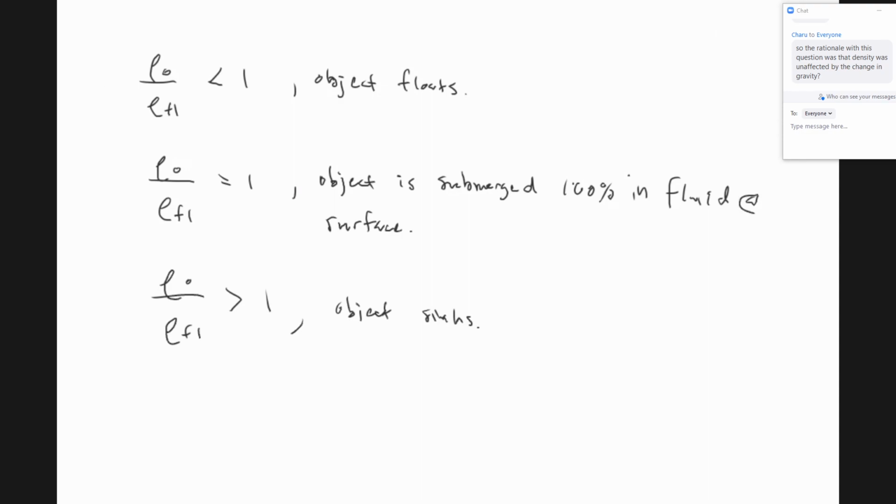Correct. Whether something floats or sinks in any medium is simply the ratio of the density of that object to the density of the medium that you're in. Just keep that in mind because they love asking those types of questions on the MCAT.